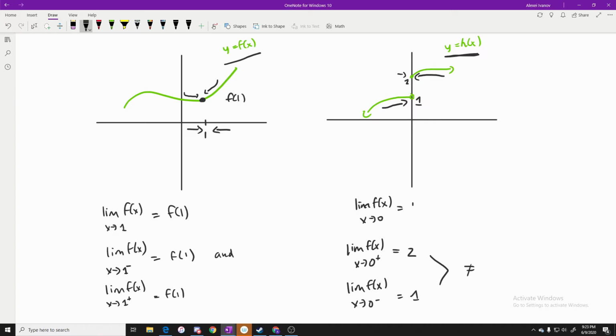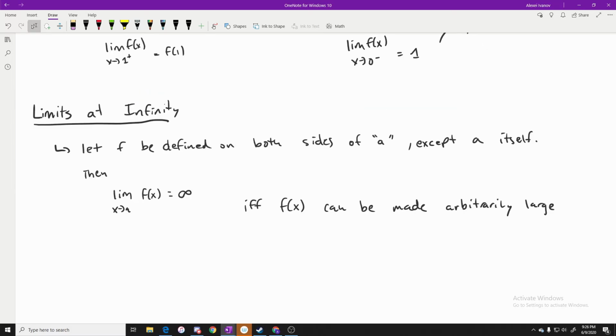Therefore, this limit does not exist. So that's basically a graphical representation of what we're looking for if we're going to decide that a limit exists or doesn't exist. There are a few other rules about cusps and other things, but we will get onto that in later chapters.